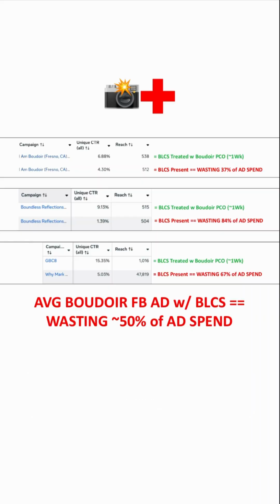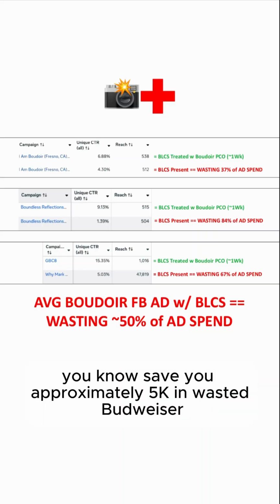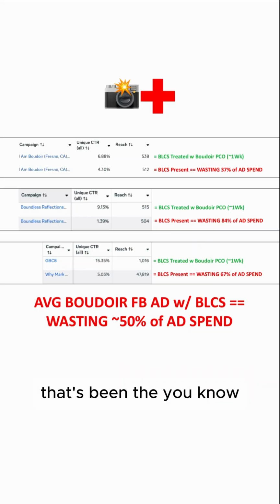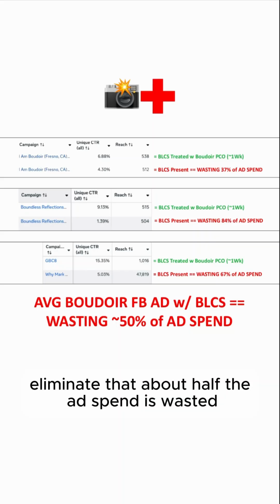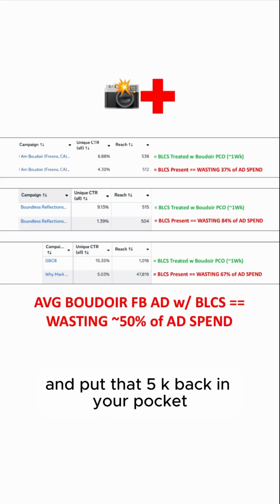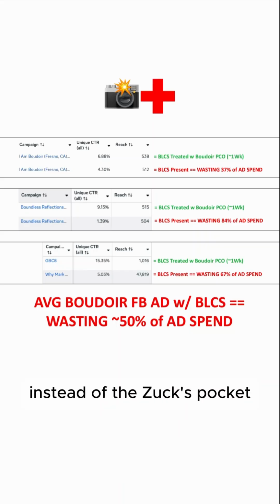And you see Boudoir Pico can save you approximately 5K in wasted boudoir ad spend. Eliminate that, about half the ad spend being wasted, and put that 5K back in your pocket instead of the Zuck's pocket. And that'd be approximately 60K over the next 12 months.